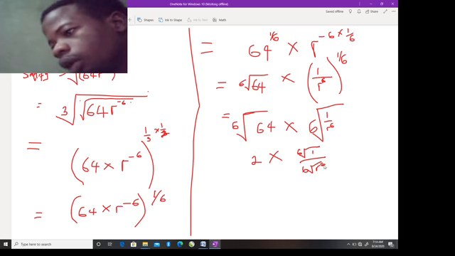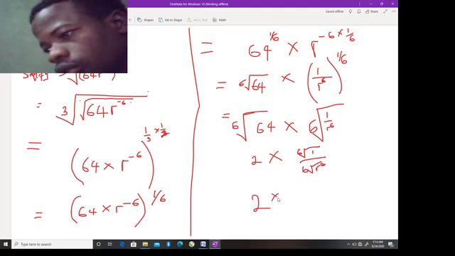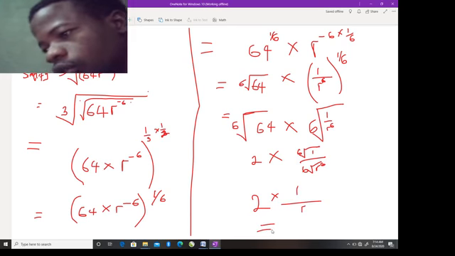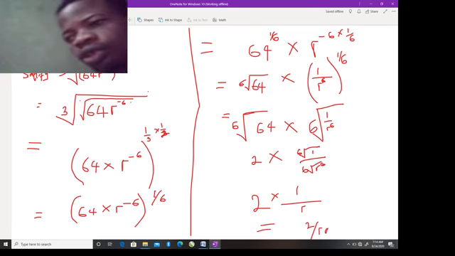Any root of 1 is 1, so that stands. That will be 2 times 1. The 6th root of r raised to the power 6 is r. So your final answer becomes 2 divided by r. That's the simplification of the whole of this.